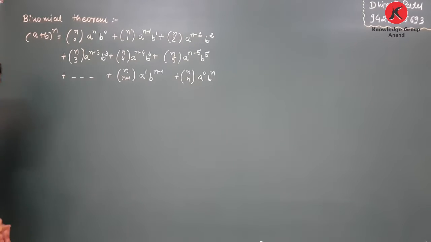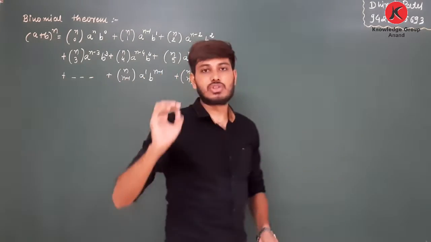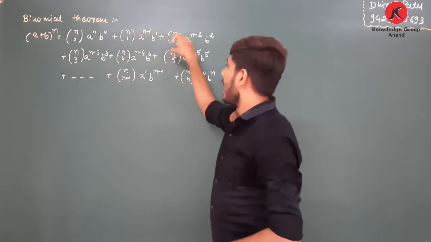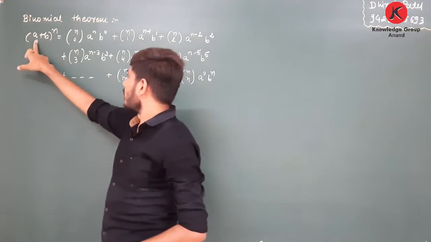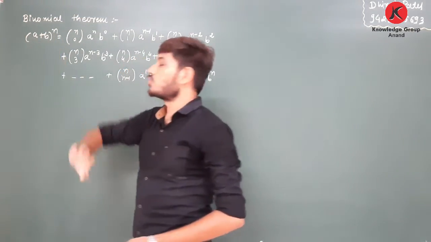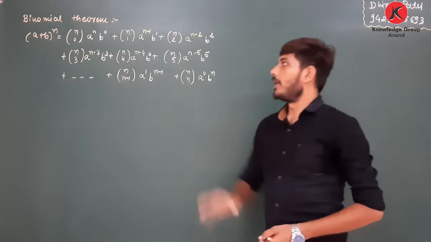The last power of b is b raised to n. This is your binomial theorem for two terms a and b raised to index n.